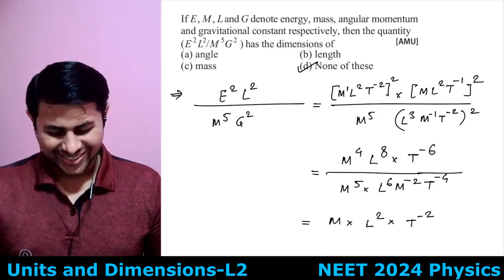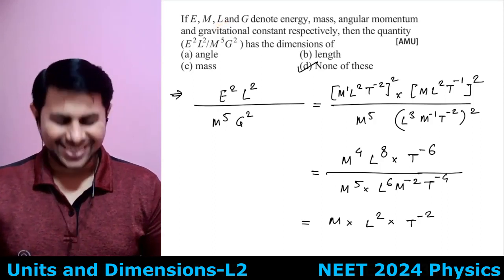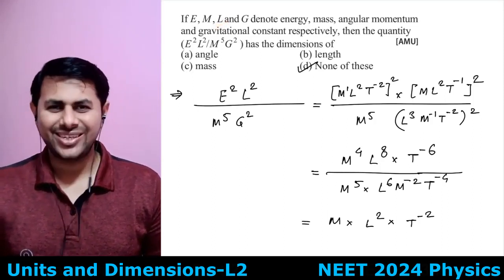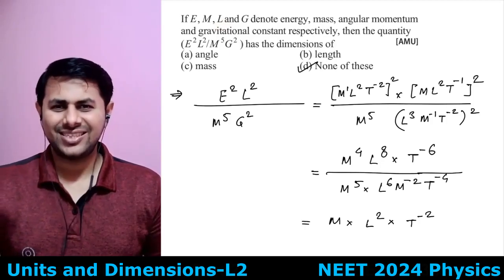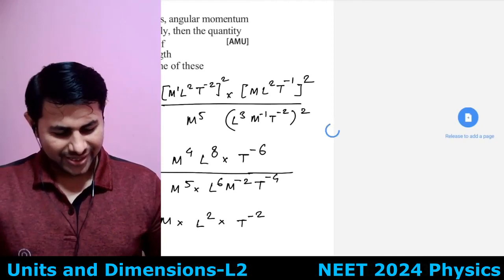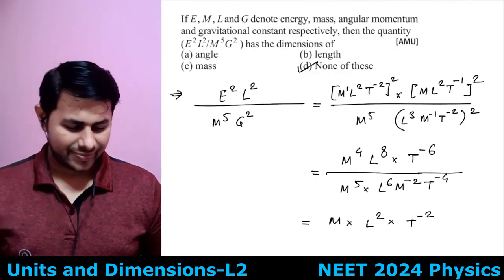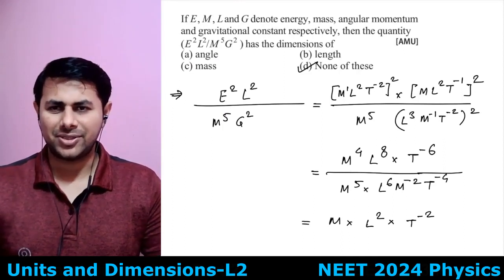All right. So we took L as length, still it was none of this, fortunately, and L as angular momentum, still the answer is none of this. Okay, all right. So this is how we will solve questions based upon dimensions.